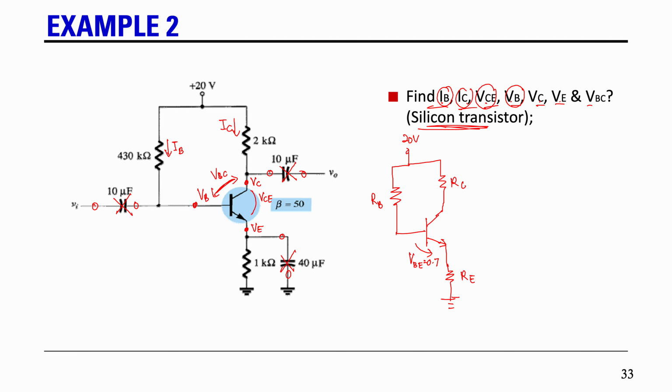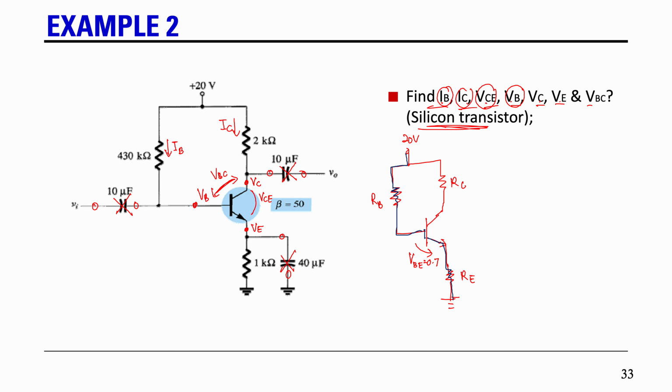Now that we have a simplified version of this, we can go into the VBE loop. Allow me to change the pen color. Let's go to the VBE loop, which is this loop.